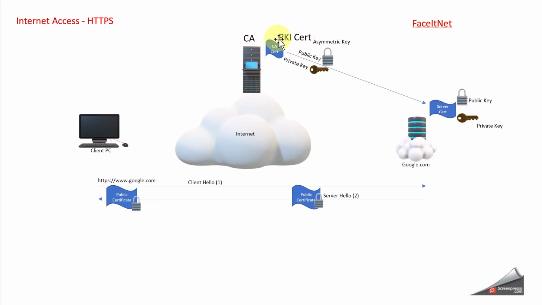When they create the certificate, we call it a CA certificate, a Certificate Authority provided certificate. There is another certificate called a self-signed certificate. I'm not going to talk about the self-signed certificate. I'm only going to talk about the CA certificate.